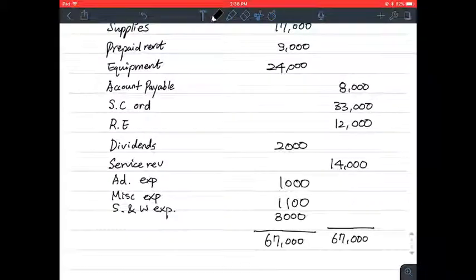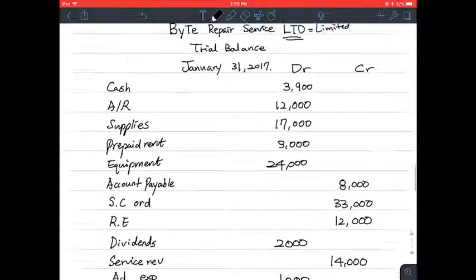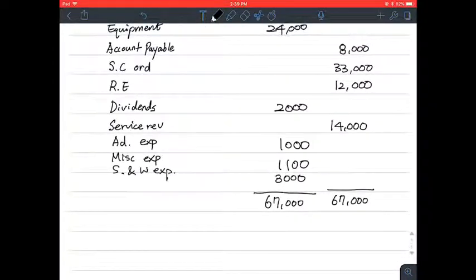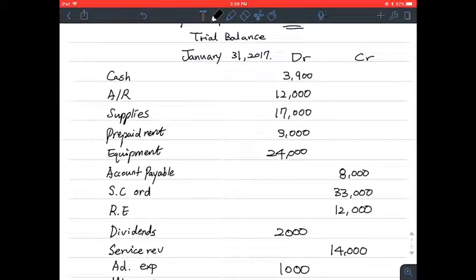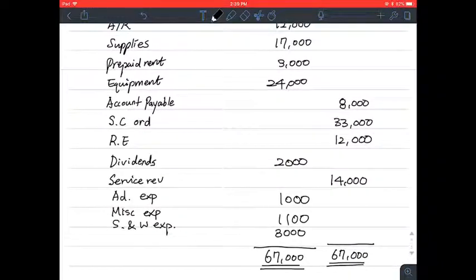So after you're done with your trial balance, I recommend you write down two lines under your finalized numbers to show that the numbers are finalized and equal, matching the debit and the credit side. Okay, that's problem 2/3, trial balance.